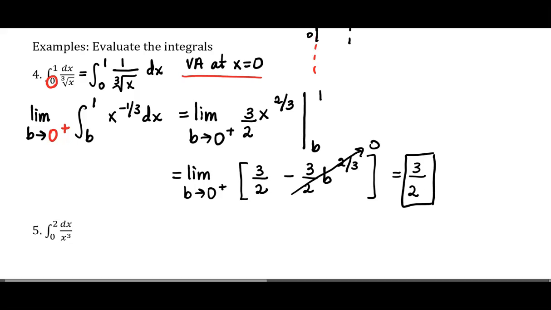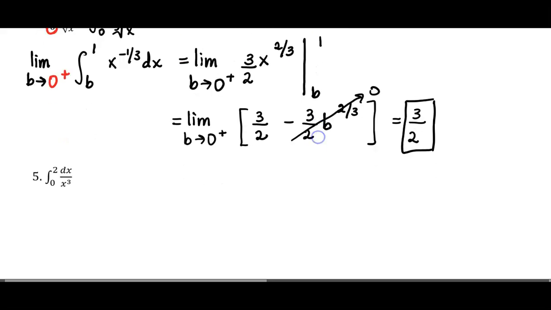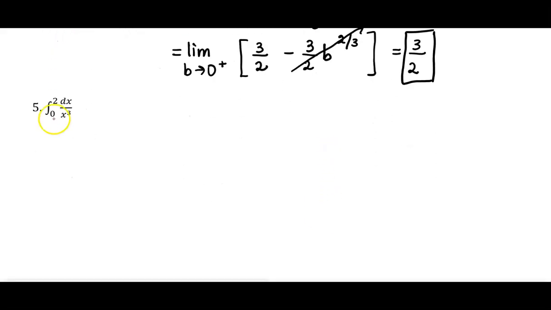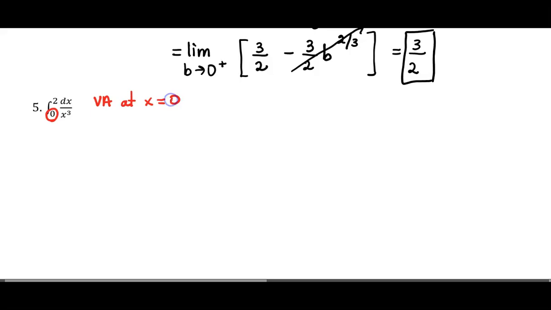Let's look at example 5. In example 5, we again have this lower limit of 0, and we know that the function 1 over x cubed does have a vertical asymptote at x is equal to 0. So I'm going to have to redo this limit. I'm going to approach 0 from the right because I'm integrating from 0 to 2.